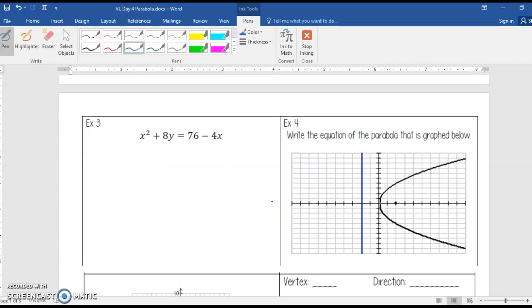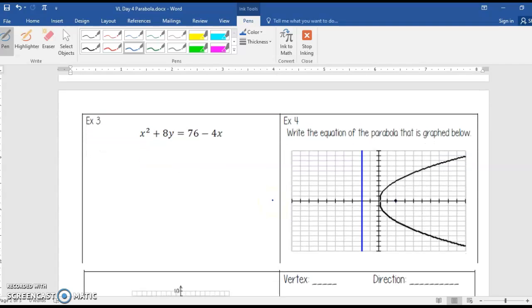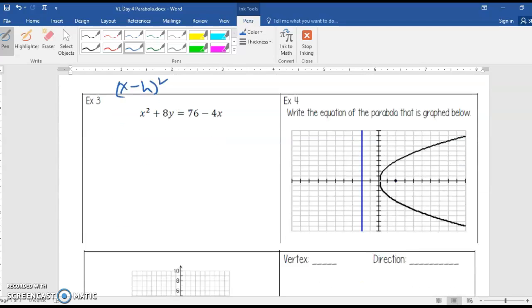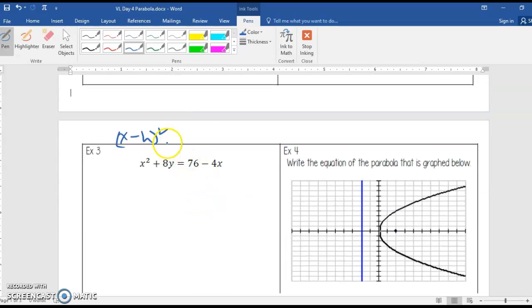We'll quickly convert the standard form to the vertex form. You have to see the square is on x, so let's write our goal first. This is how we want the equation to be of this kind because the square is on the x. So we have to adjust few terms, subtract the 8y on both sides.